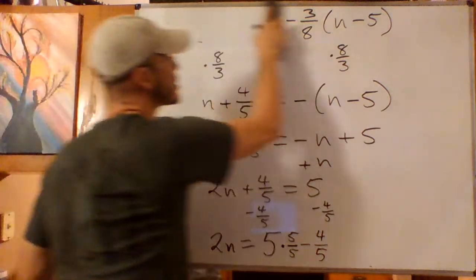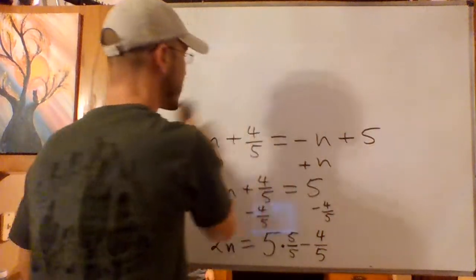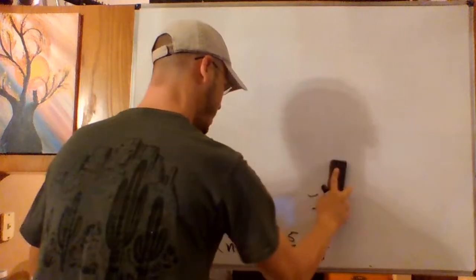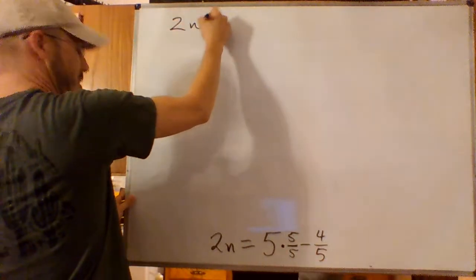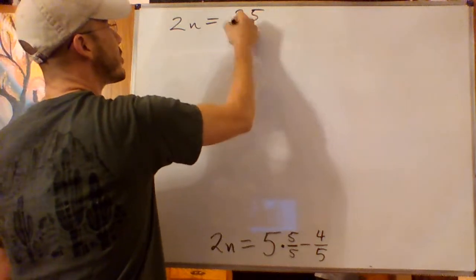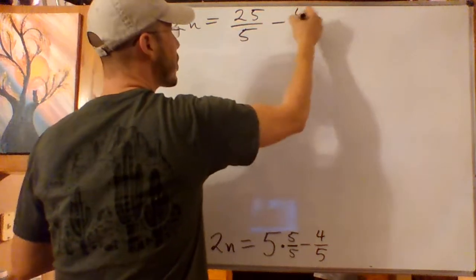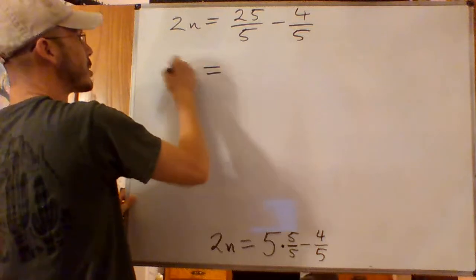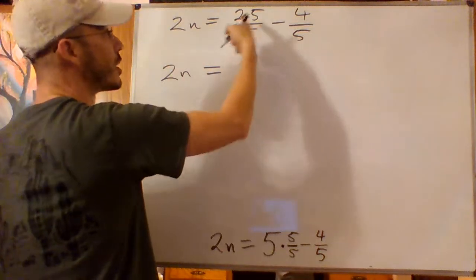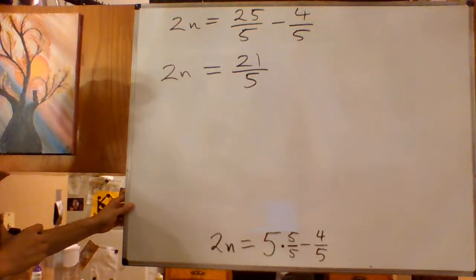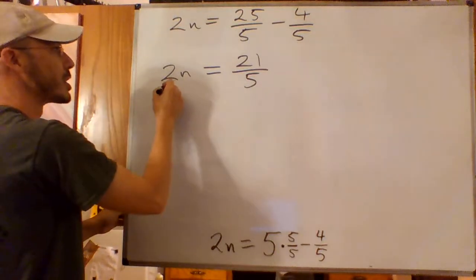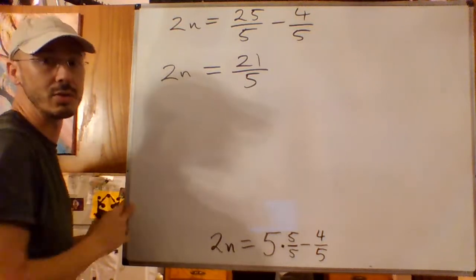The result is 2n equals 25/5 minus 4/5. Now they have their common denominator. I can find that value. 25 minus 4 is 21/5. And finally, I want to divide both sides by 2.